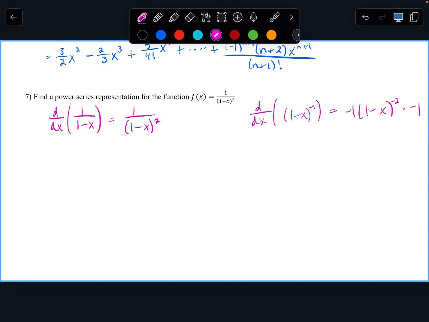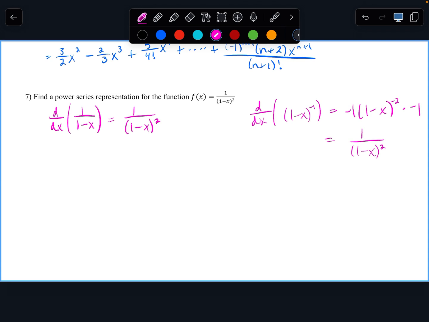If I took the derivative of this, I would bring down the -1, do -2, and then chain it. So that ends up being +1, -1 times -1 over 1 minus x quantity squared, right?